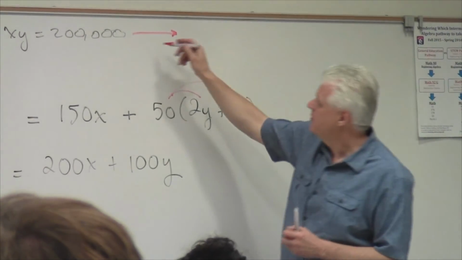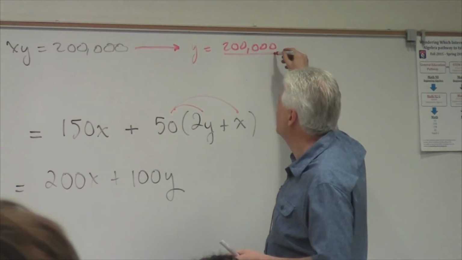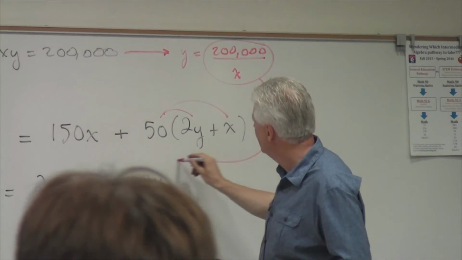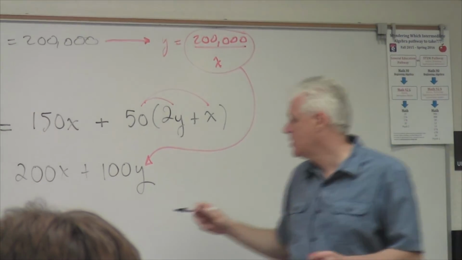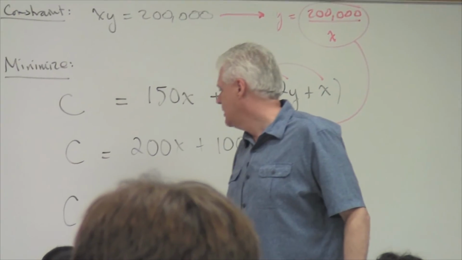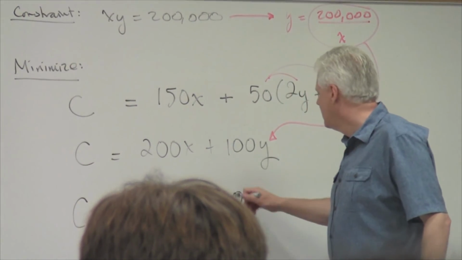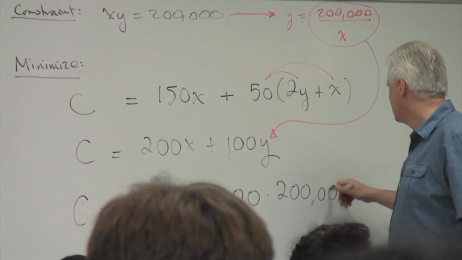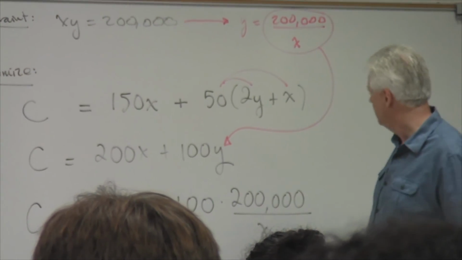Okay, so solve it for y. Y is 200,000 divided by x. Then I can put that in here in place of the y. Okay, so I get C is 200x plus 100 times 200,000 divided by x.